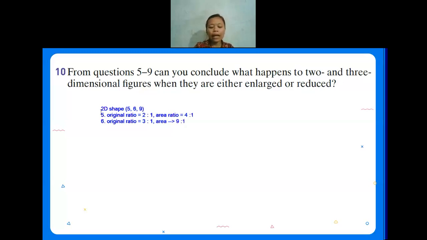For question 9, the original ratio is 1 to 2, and then for the area, it will be 1 to 4.